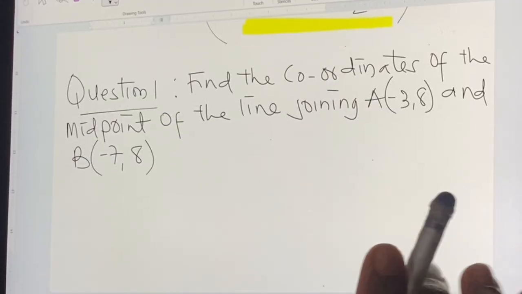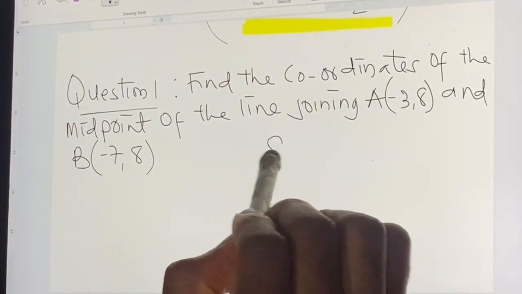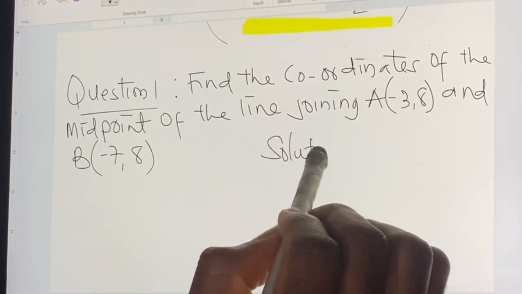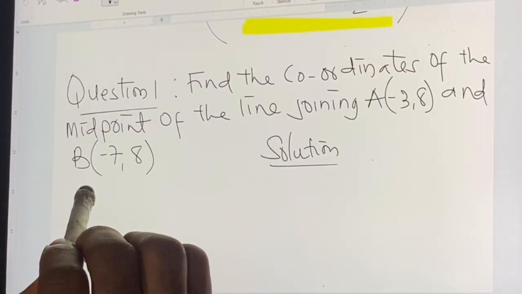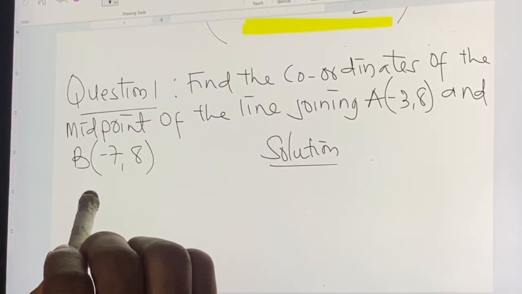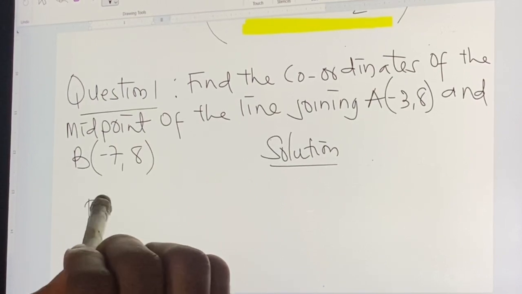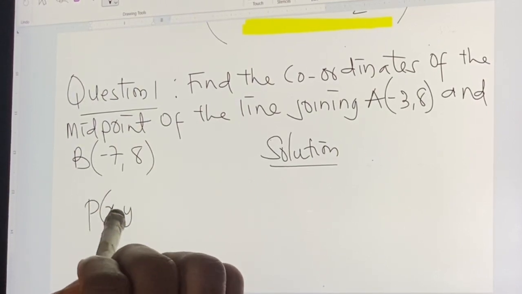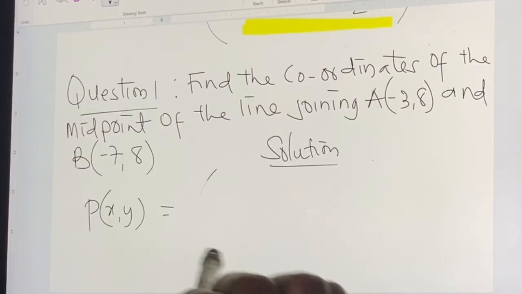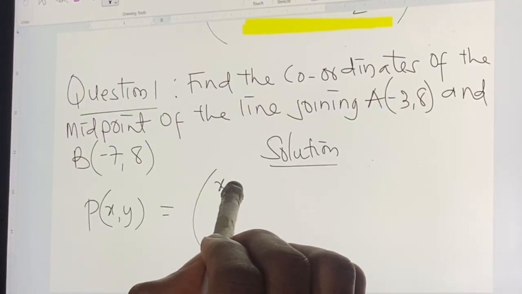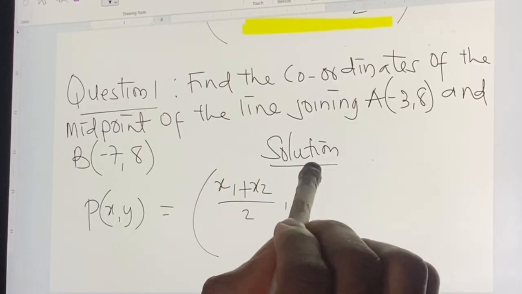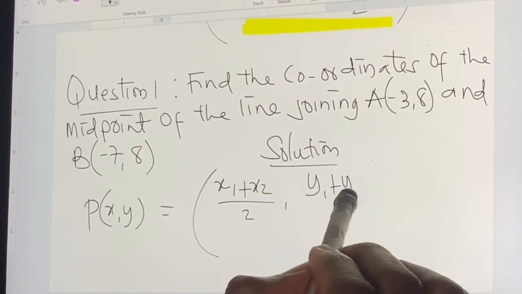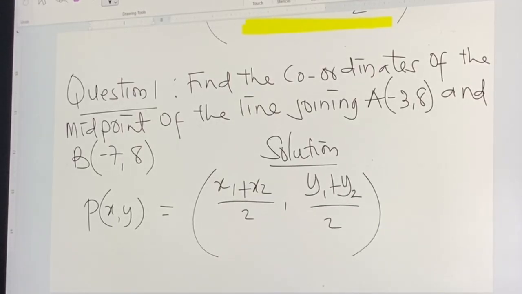From the formula, the midpoint between x and y is the point (x, y) equal to x1 plus x2 over 2, y1 plus y2 over 2.